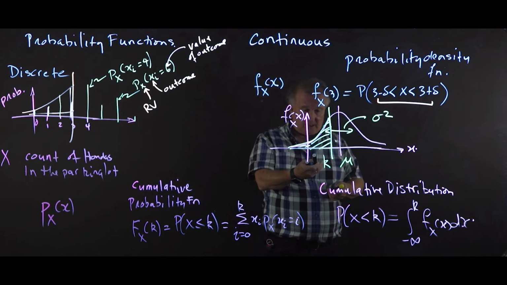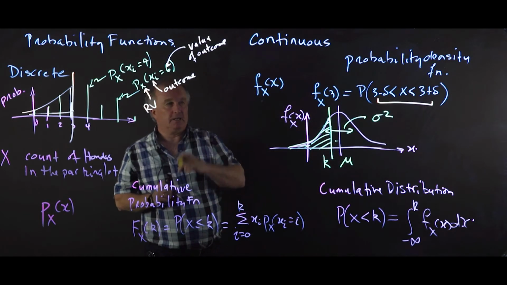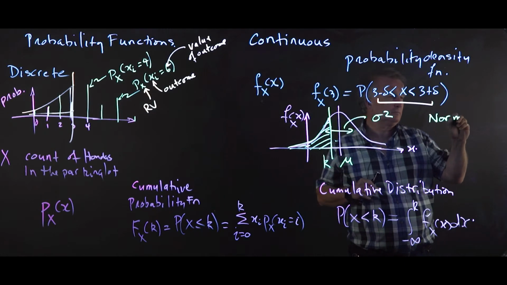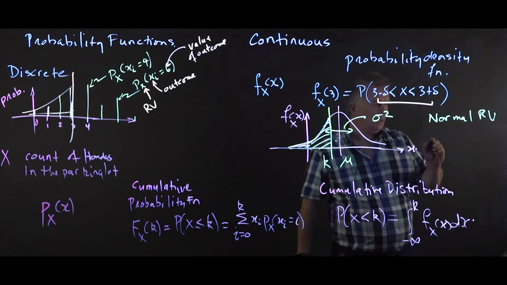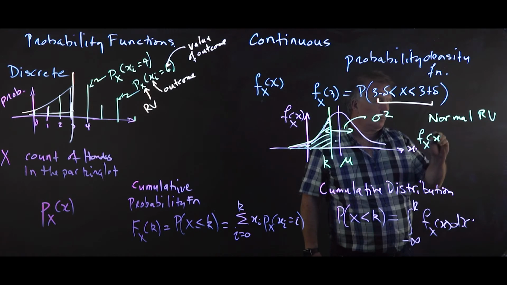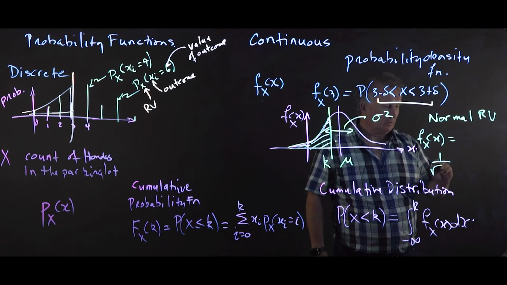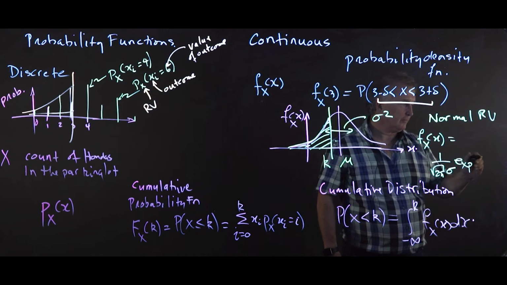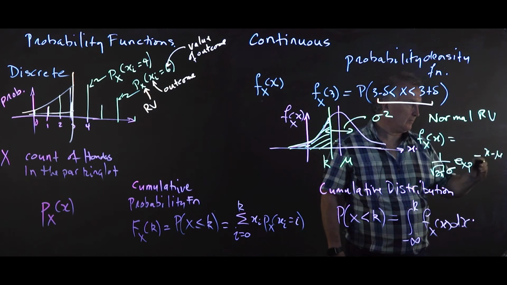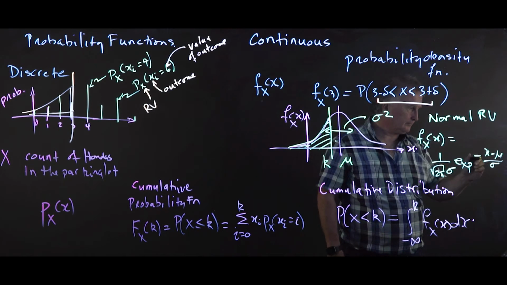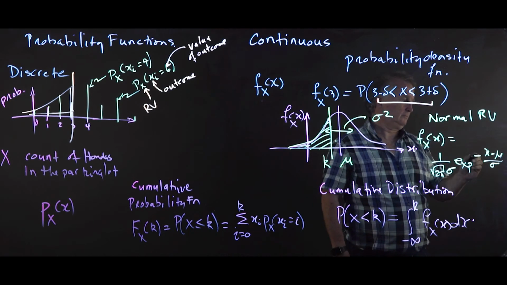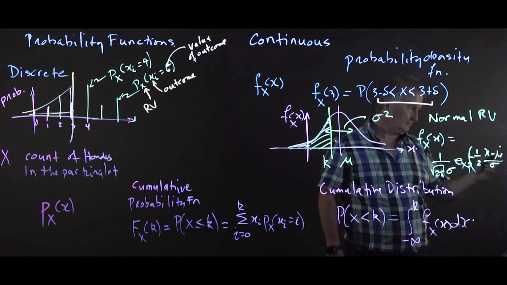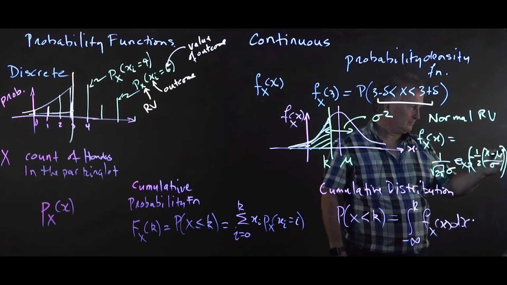The expression for the probability density function for a normal random variable is 1 over root 2 pi sigma. There we go.